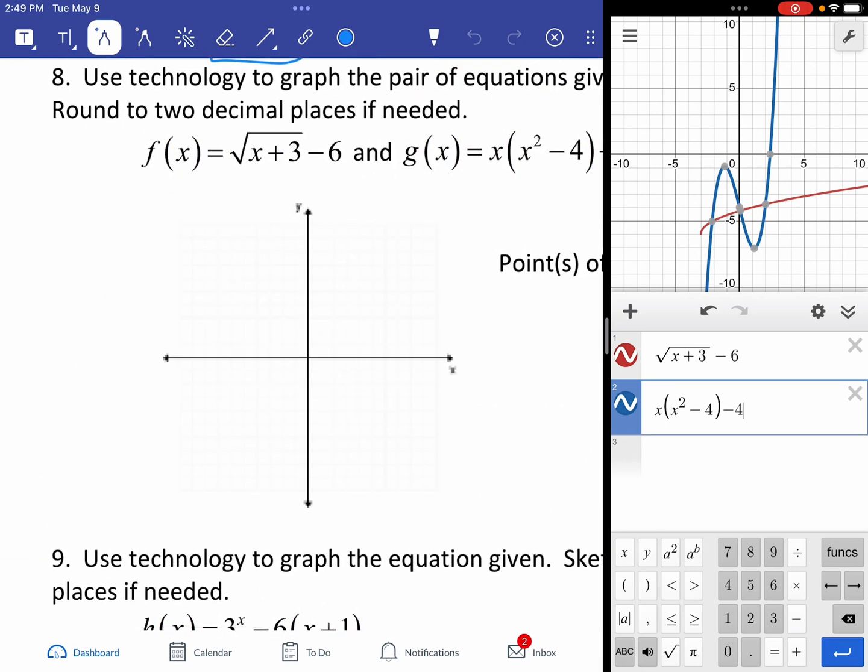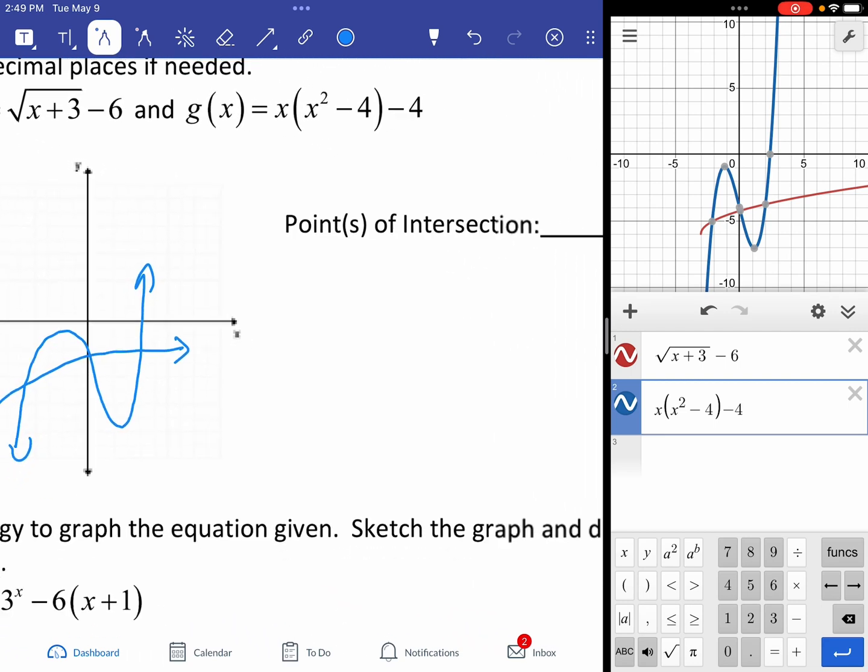So we have our red graph that looks like this, and our other graph that looks like this. Oh, hold on. Let's back up, try that again. The graph looks like this. That's close enough.